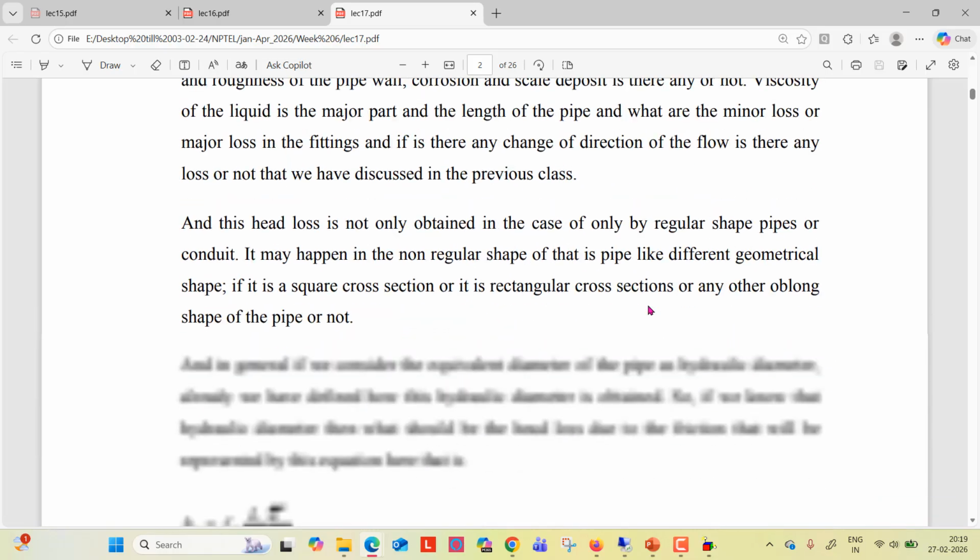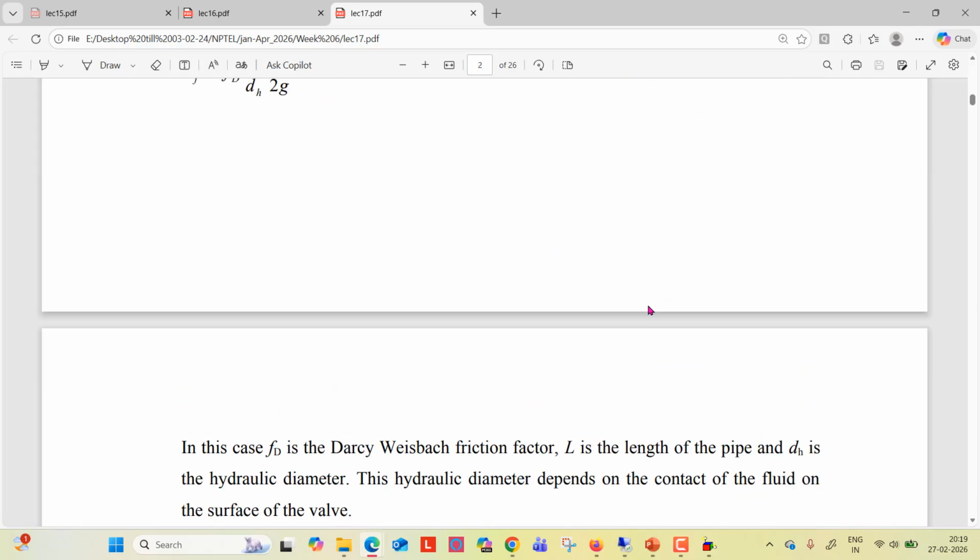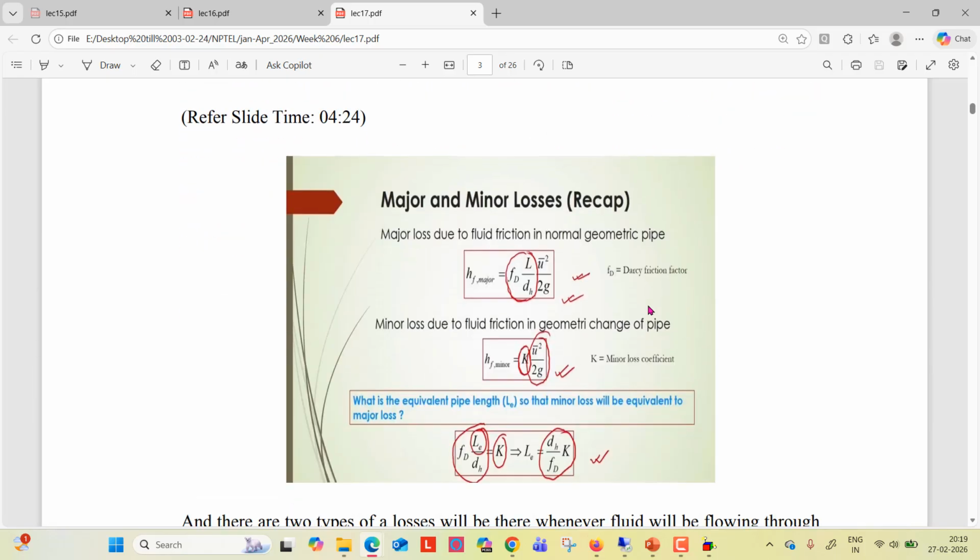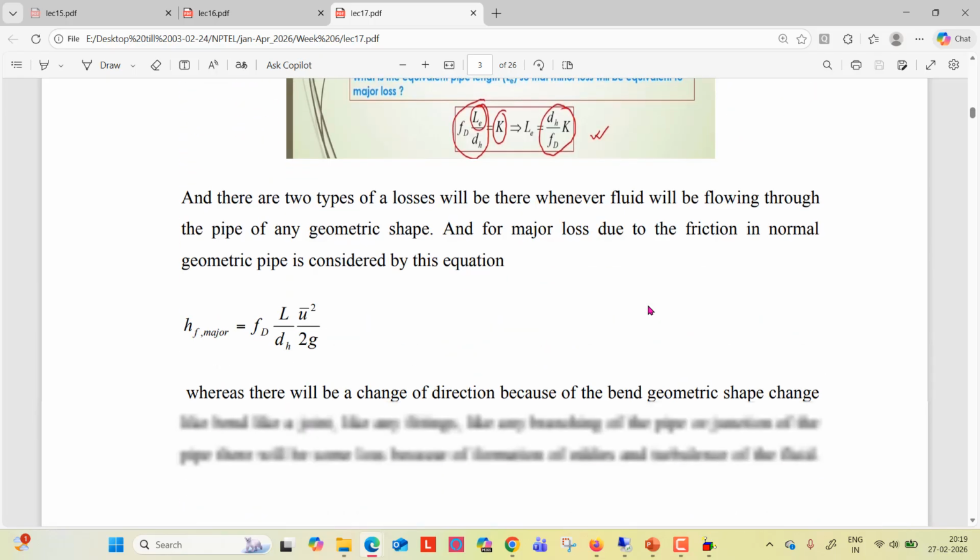This is the simple equation of head loss. This is a major loss, this is a minor loss.